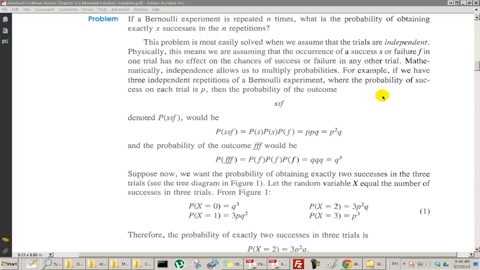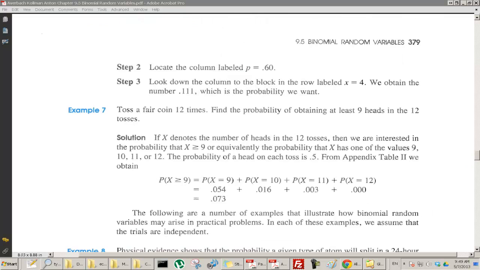It's basically the same kind of question as tossing a coin 5 times. What's the probability of getting 3 heads, or 4 heads, or 5 heads? So here's example 7, which we'll see in a little while. Toss a fair coin 12 times, find the probability of obtaining 9 heads, or another question would be at least 9 heads in the 12 tosses.